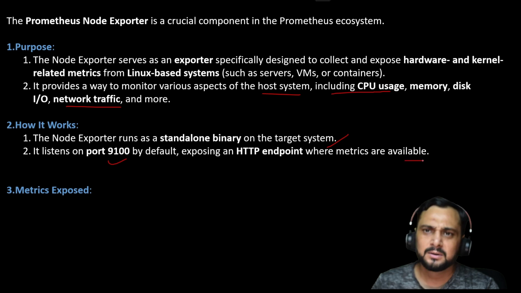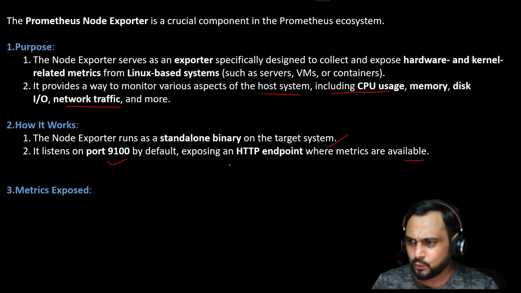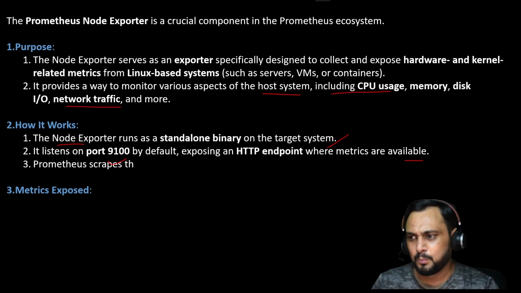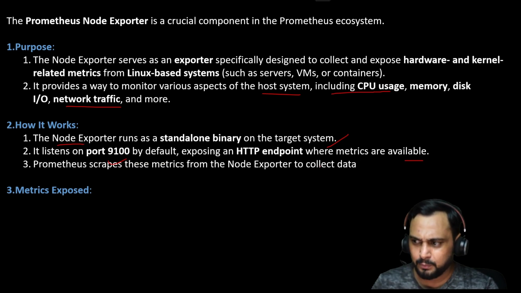So when we install this node exporter, it collects the system information and makes the metrics, and those metrics Prometheus will pull and show you in its portal. Prometheus scrapes these metrics from the node exporter to collect data for monitoring and alerting.